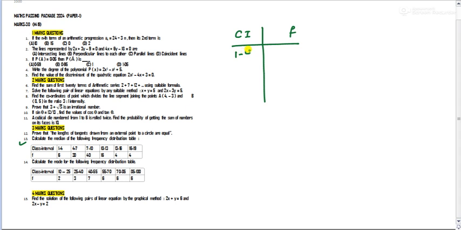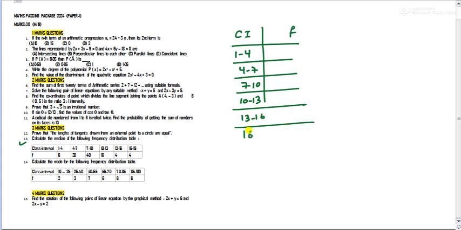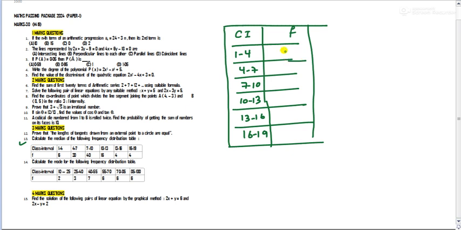So here they have given 1 to 4, then 4 to 7, then 7 to 10, then 10 to 13, then 13 to 16, then 16 to 19. Learn it easily. You are going to get 3 marks from this question. What is F? 6, 30, 40, 16, 4 and 4.